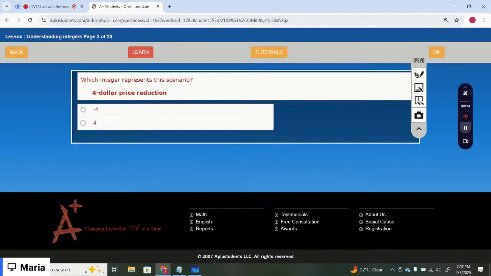Which integer represents the scenario $4 price reduction? Reduction means a loss, so it would be represented by the negative number, that is negative 4.